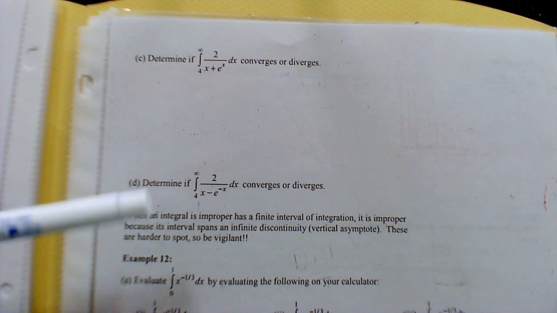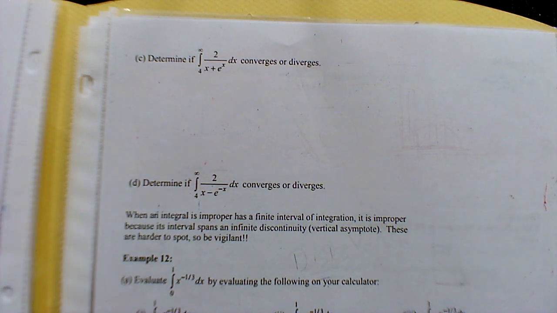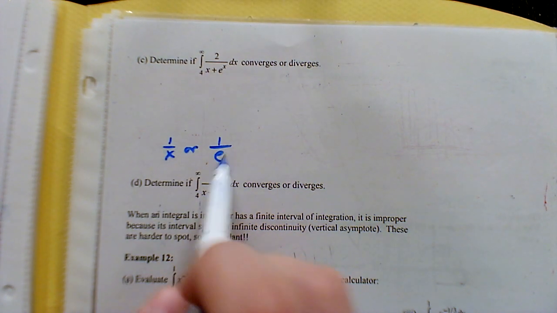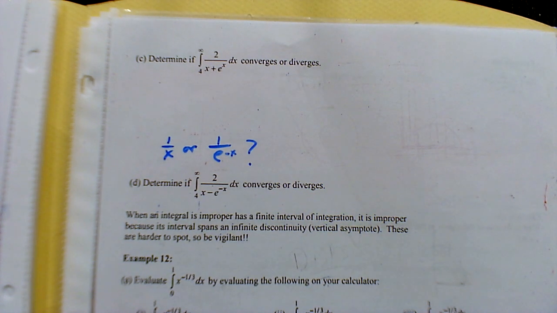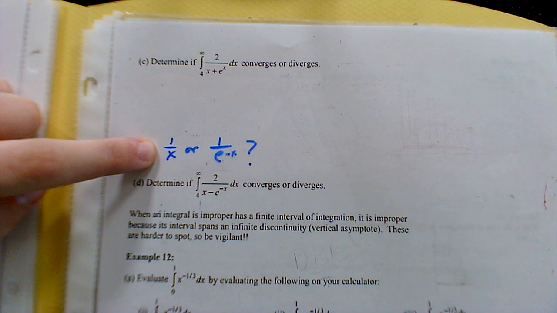Did we list what we could think about comparing this one to already? 1 over x or 1 over e to the negative x. Right. Notice how both of those functions show up in the denominator. We are already familiar with what 1 over x does because that's a p series. It has an x to a power.